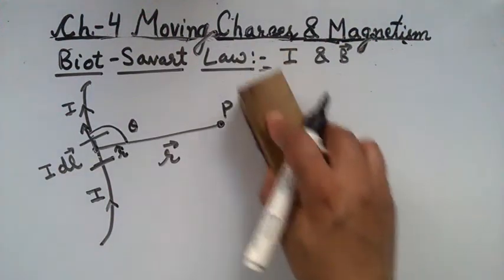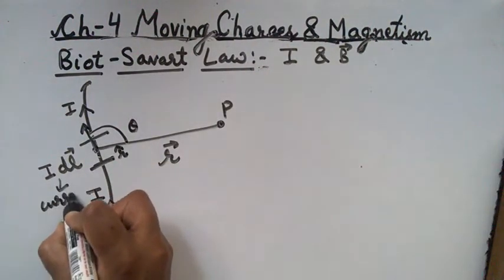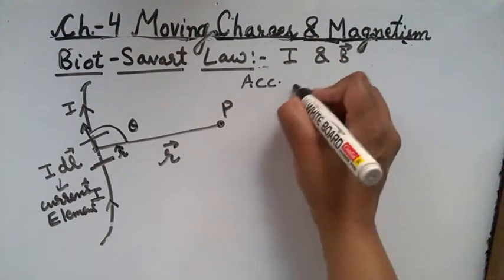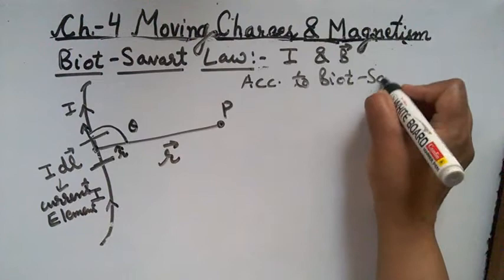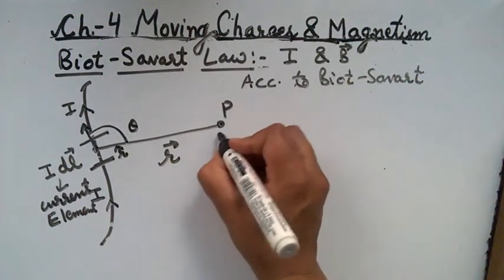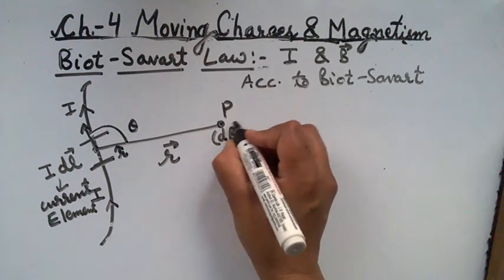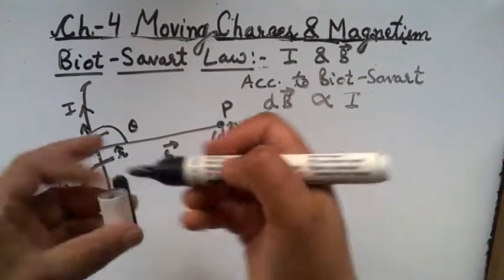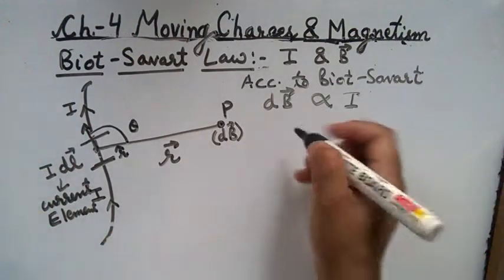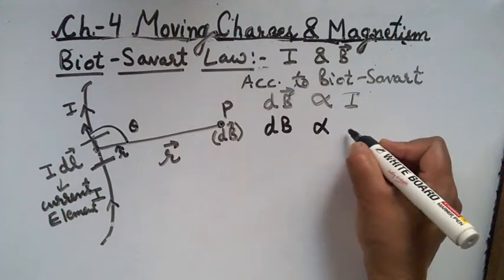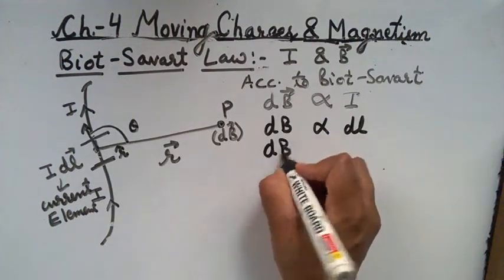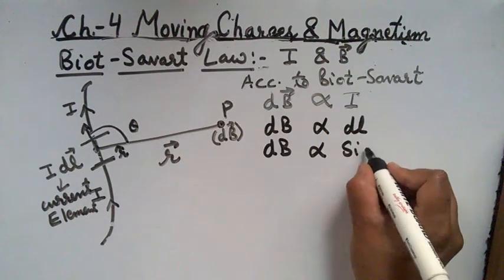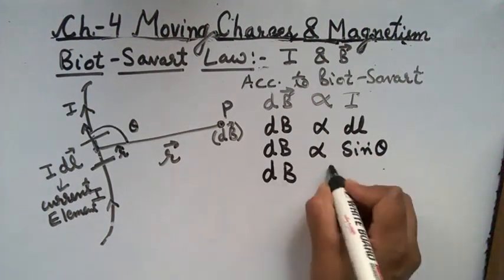So according to Biot-Savart, magnetic field at point P is directly proportional to the current flowing through the wire, directly proportional to the small line segment dl, directly proportional to the sine of the angle between dl vector and r vector, and inversely proportional to the square of distance.